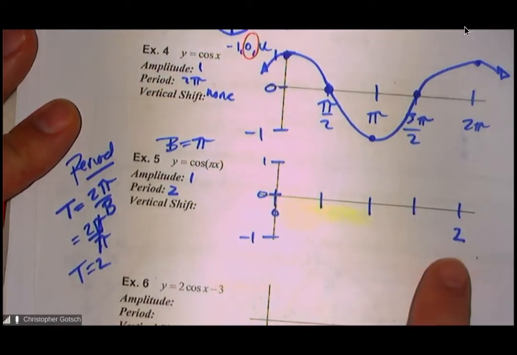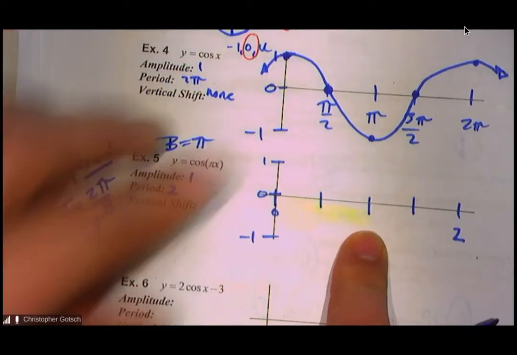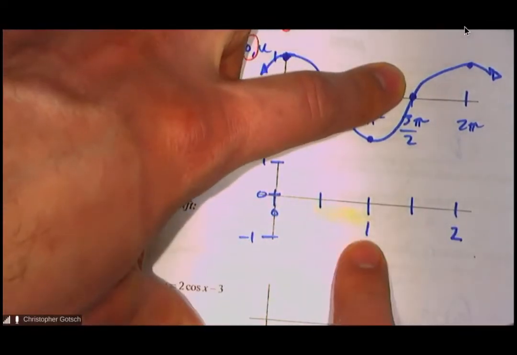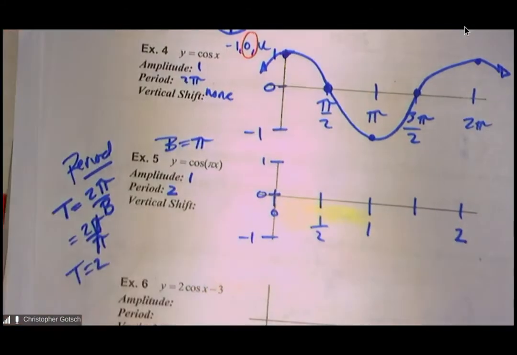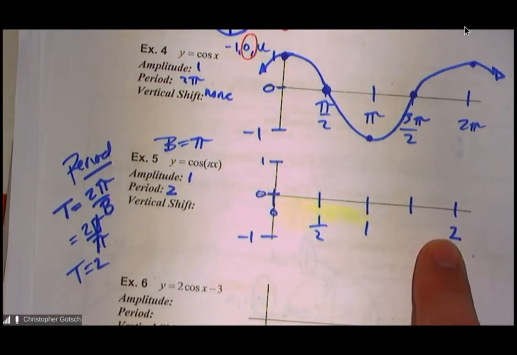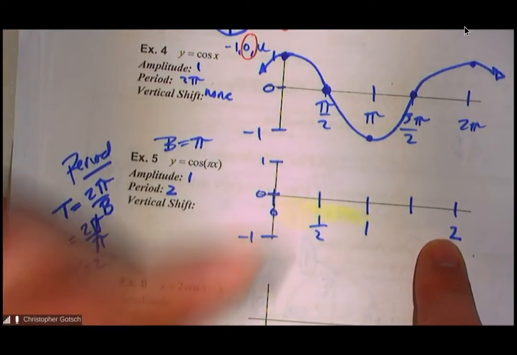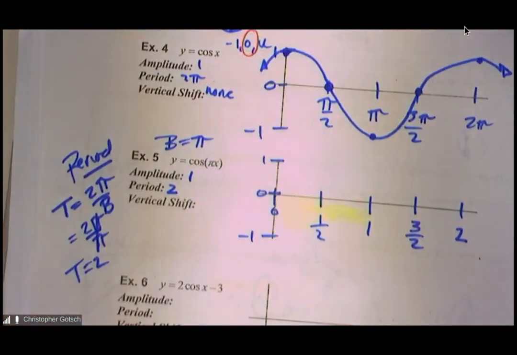Well, take 2 and cut it in half. Where are you at? This is 1, right? 2 divided by 2 is 1. And if I take 1 and I cut it in half, now I'm at 1/2. And now if I want the other one, add them together. 1 plus 1/2 is 1.5, which is 3/2, just without the pi's.